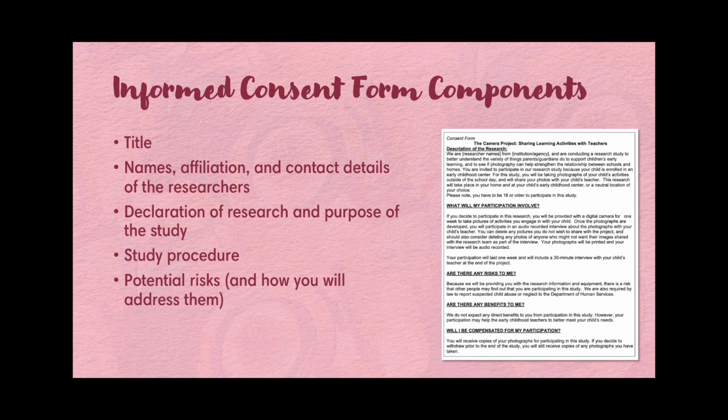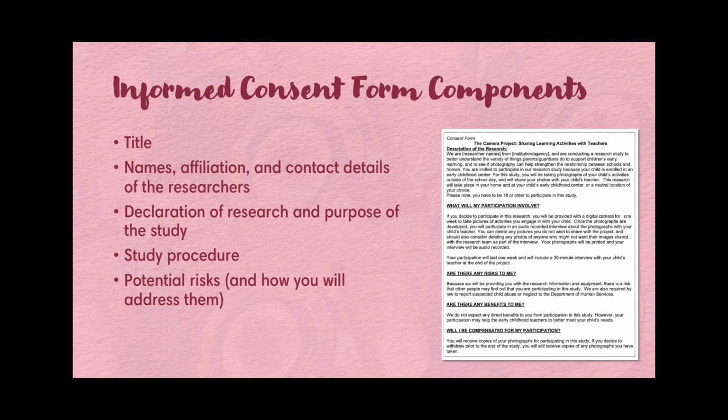So what are the different components of an informed consent form? Again, the informed consent process is that you recruit the participants. After you recruit potential participants, you provide them an informed consent form. And if this is outside a survey form, which is easily understandable, you usually have to sit with them and talk to them about your procedure so that they can fully understand, while they're holding the form.